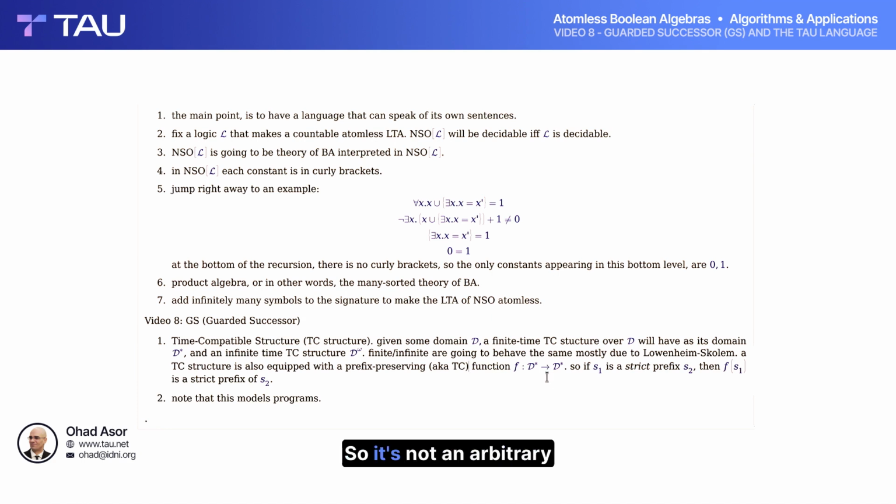So it's not an arbitrary function from sequence to sequence, but you can produce the output only based on the input you saw so far, because you still didn't see the next input. And therefore, a time-compatible or prefix-preserving structure quite generally models programs.